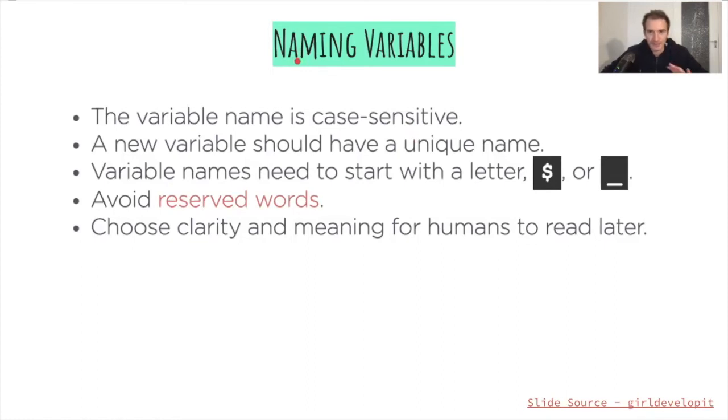Naming variables. This is a good little segue to talk about now. There are a few rules when coming up with the name of a variable. This is the sticker that goes inside the box. The variable name is case sensitive. So if you have a capital V Variable, it wouldn't be recognized if you tried to use it with a lowercase v variable later on.